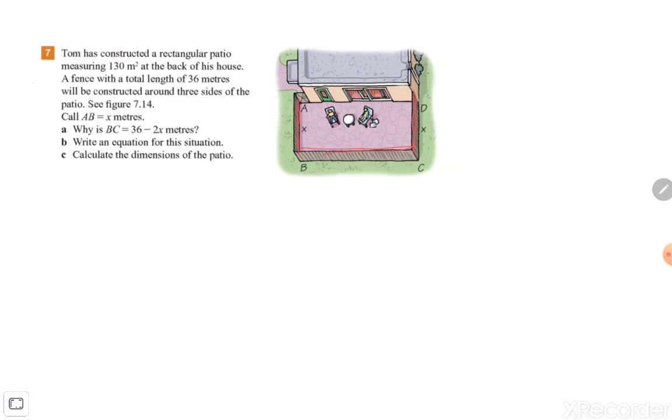And if we call AB x and CD x, then the rest of it is of course 36 minus 2 times x. So that's the reason that we say with exercise A that BC is equal with 36 minus 2x. Alright.